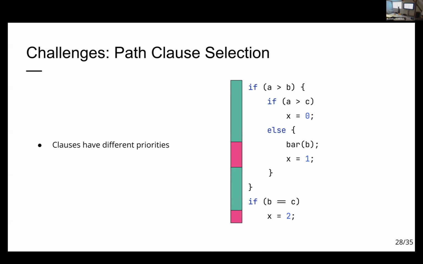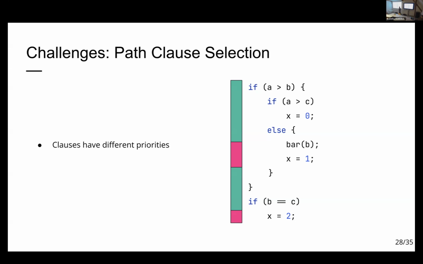Second problem with path clause selection was, after we have marked all conditions as we want to cover them or not, we can somehow mutate them or not. The clauses have different priorities. So for example, here, let's assume that green lines are covered and red lines are not. And we have a choice between changing A greater than C and B is equal to C. What we want to do here is count the so-called distance to uncovered code.